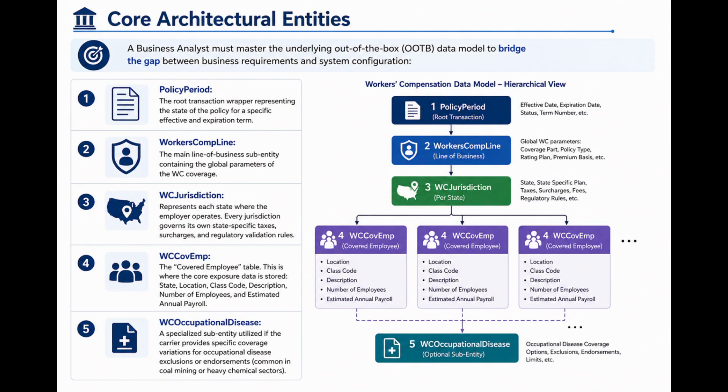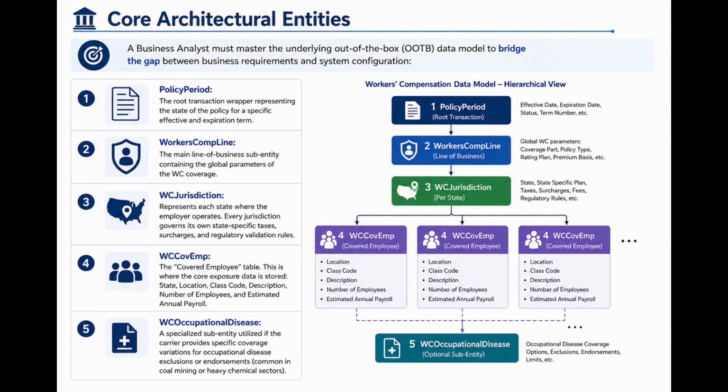To accommodate technical risks, the data model includes the WC occupational disease subentity. This specialized table is utilized when a carrier provides specific coverage variations or endorsements for diseases that develop over extended periods, common in sectors like mining. A business analyst must identify when a requirement falls into this category to configure these records without polluting the standard covered employee table.